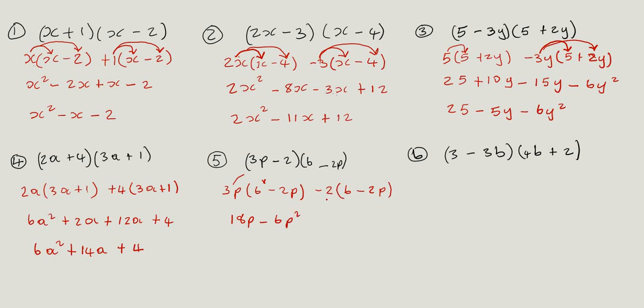Then we're going to do the same thing to this bracket. Use the negative 2 to multiply each term in the bracket. But be careful when you are multiplying negative numbers. So we're going to take this negative 2 to multiply a positive 6. It means that the result will be negative. So negative 2 times positive 6, that's going to give us a negative 12.